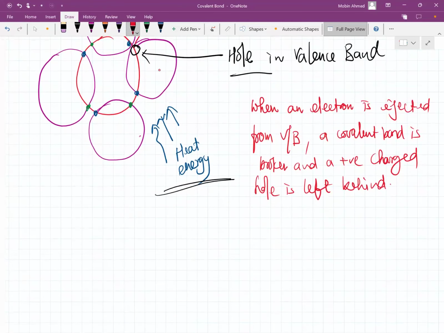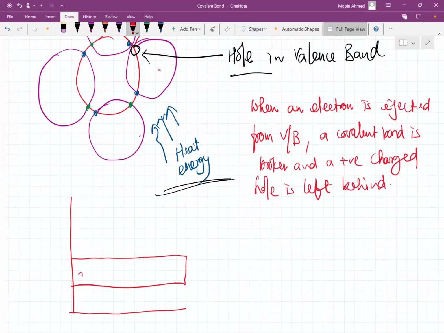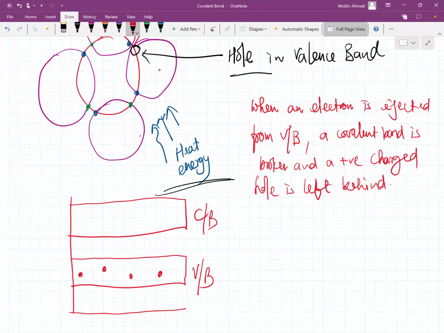If we see the energy band of this one, we have the valence electrons here. Now suppose this is the conduction band and this is the valence band.